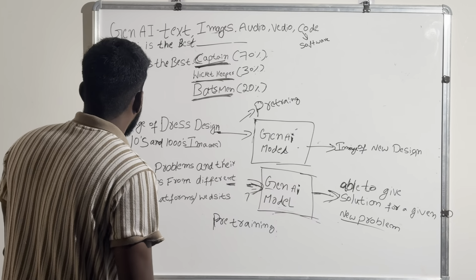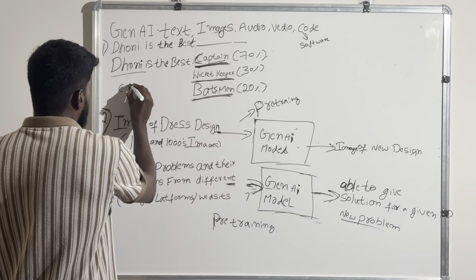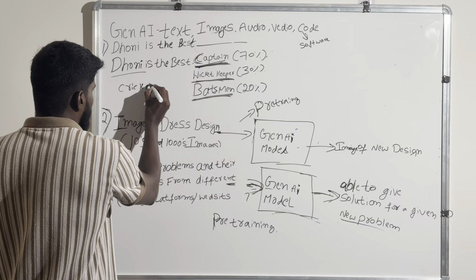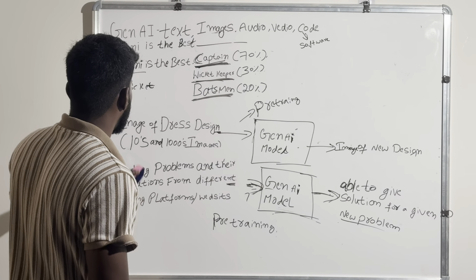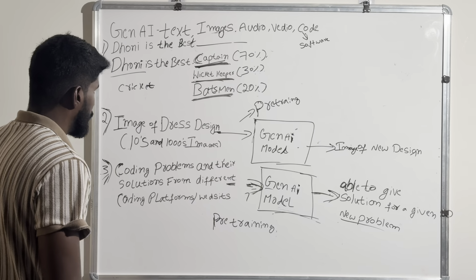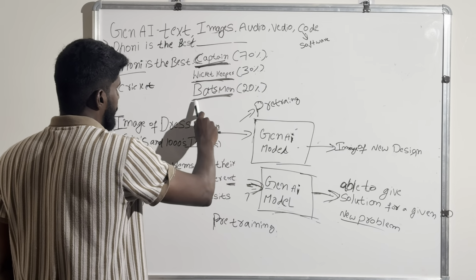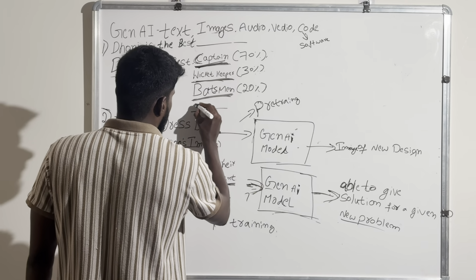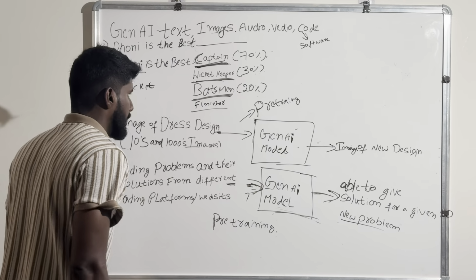Because we have the knowledge of Dhoni and cricket from the past, correct? We have the knowledge of Dhoni and cricket so that we are able to say Dhoni is the best captain or a wicket keeper or a best batsman or a best finisher, correct?